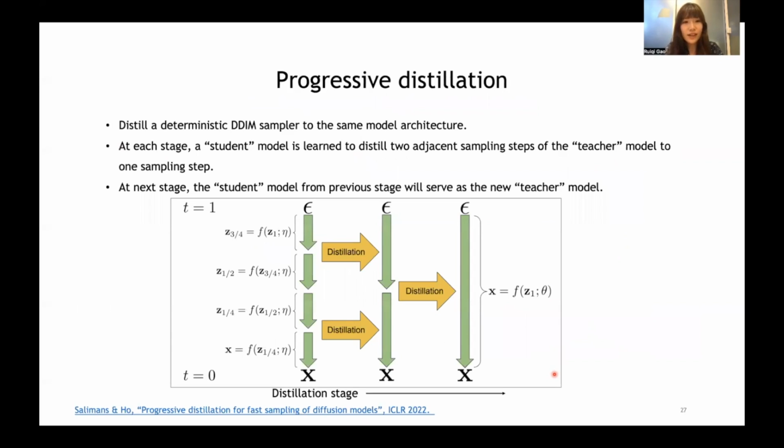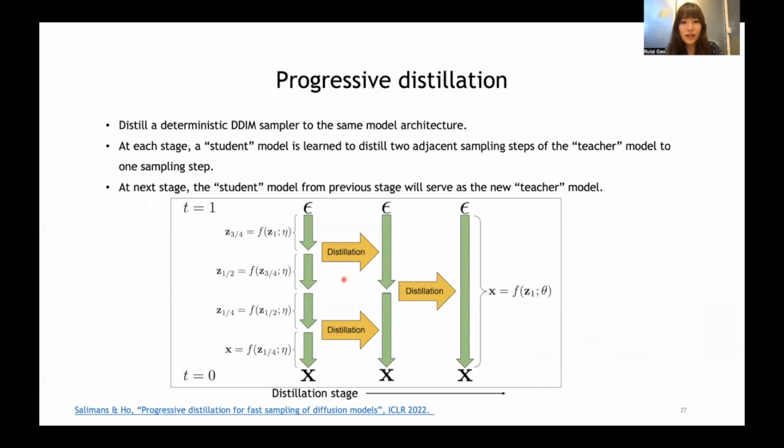So the first idea comes to the distillation. So here I want to discuss one representative work in this domain, which is progressive distillation of diffusion models. Basically, this work proposed to distill a deterministic DDIM sampler to the same model architecture of the original model.